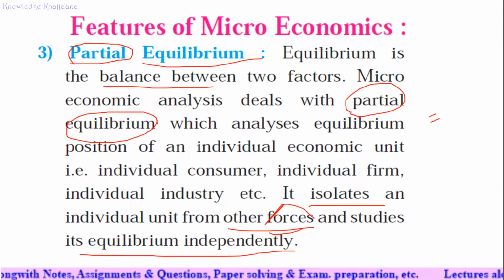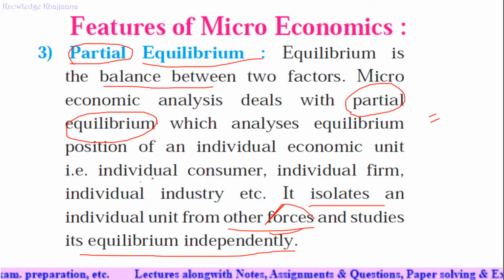Why is it called partial equilibrium? What is meant by full equilibrium? If it studied all customers, all firms, all industries, then we could have said that it is a full equilibrium. But microeconomics does not study all customers, all firms, all industries.